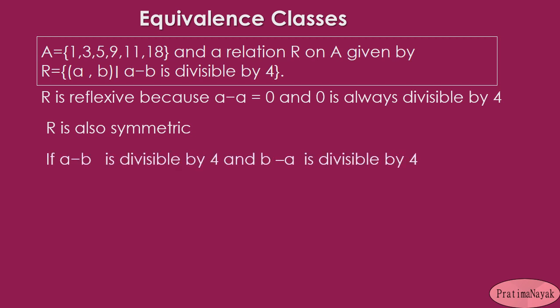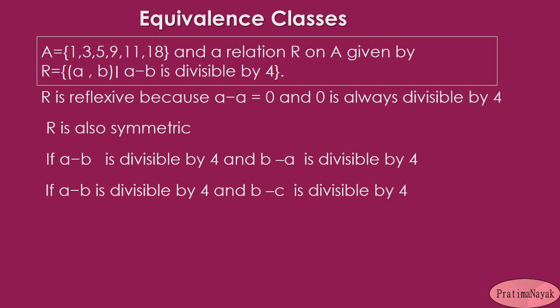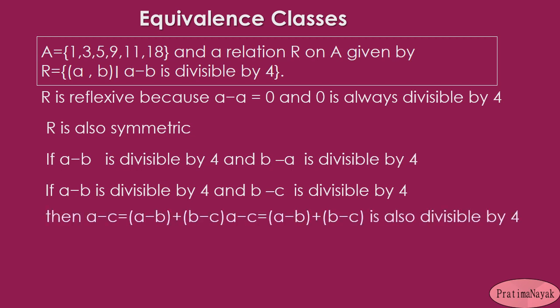R is also symmetric because whenever a minus b is divisible by 4, b minus a is also divisible by 4 for all a, b belongs to set A. If a minus b is divisible by 4 and b minus c is divisible by 4, then a minus c is also divisible by 4. So this is a transitive relation and R is an equivalence relation.